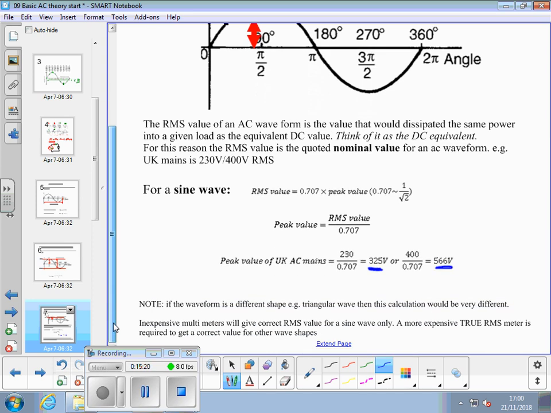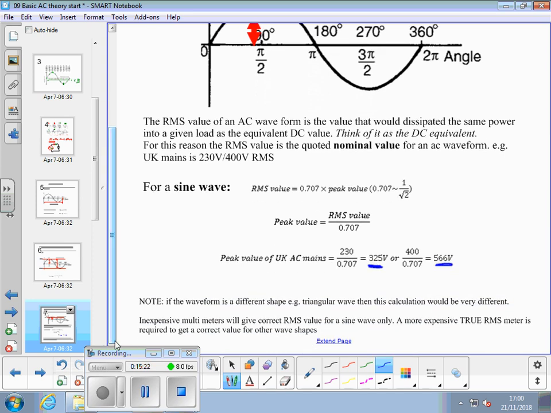Now, when it comes to taking measurements, I'll put a note there. If the waveform is a different shape, e.g. triangular, then this calculation will be very different. Inexpensive multimeters, and I'm talking about your digital meter, have a conversion in them, so they give an RMS value for a proper sine wave.